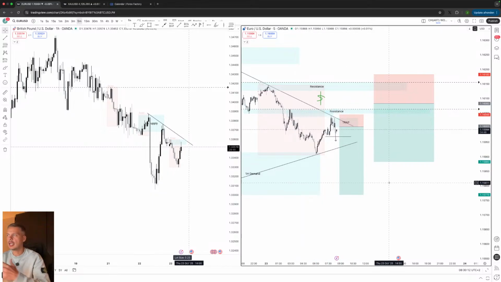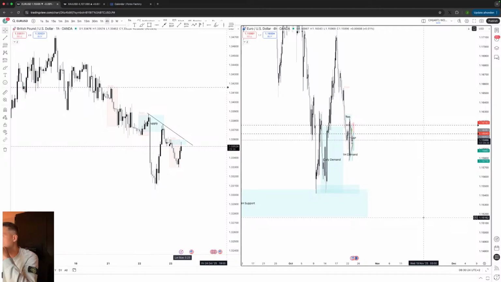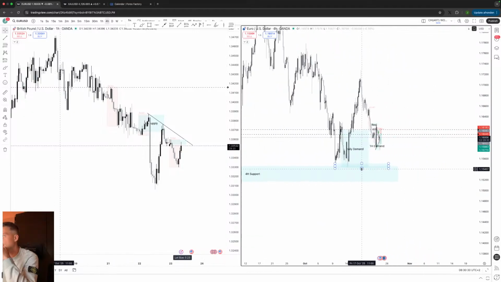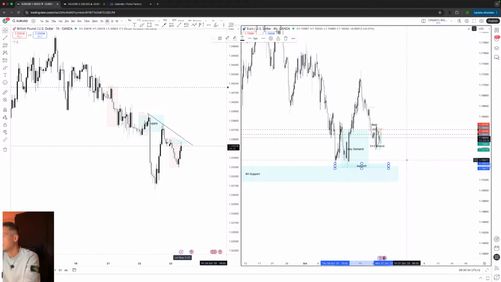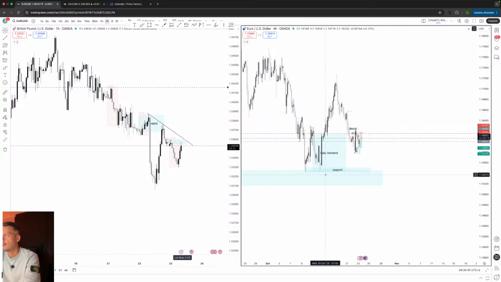And this is how I factor in if a demand is going to hold or if the supply is going to hold or not. And if we look at EU on the higher time frame, let's say the 4 hour, what do I see? Well, the bigger story tells me that there is a 4 hour support. There even is a support over here. So we have a daily demand, an hourly demand where price is currently reacting from, but what do we have below?